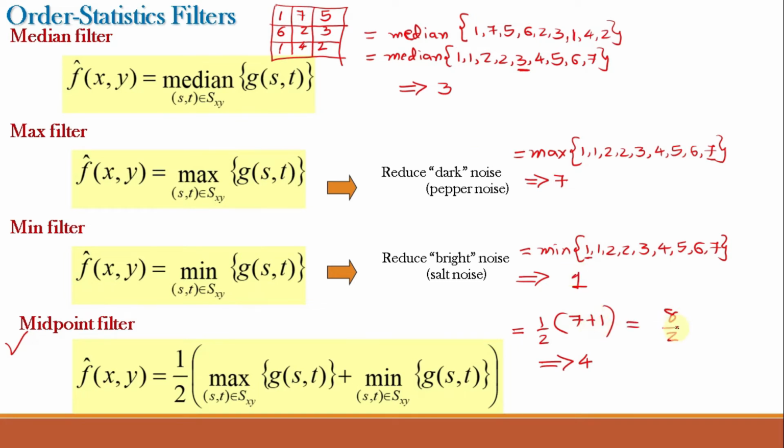So you will get 8 by 2, which is equal to 4. For the midpoint filter, we will replace this value with the value 4 in the output image. So this midpoint, you can see from this equation, is nothing but the average of the minimum and maximum values, and it is very effective in removing Gaussian noise and uniform noise.